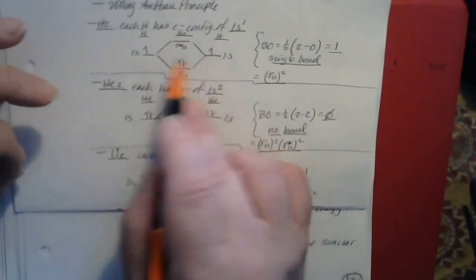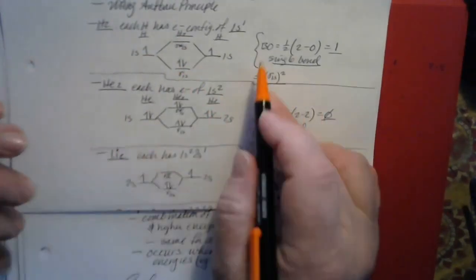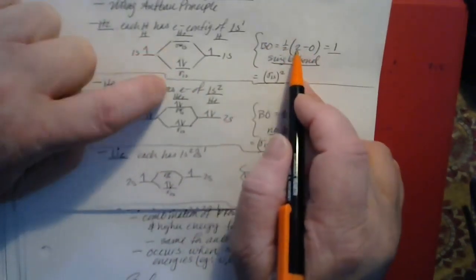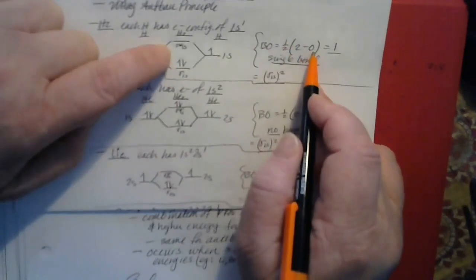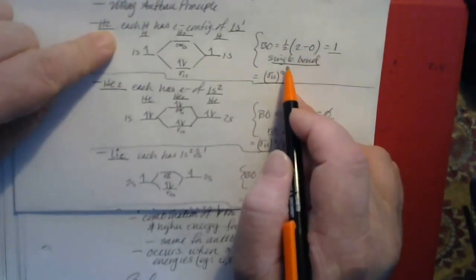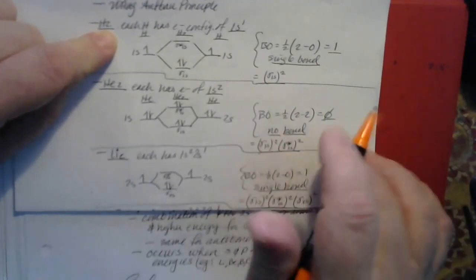And if you've got two electrons to deal with, then they both go into the bonding molecular orbital. Your bond order would be 1/2 the number of bonding electrons minus anti-bonding electrons. So that's 1/2 of 2 minus 0, which is 1, which means the H2 molecule does exist and it has a single bond, which we know. That confirms something that we already know, so that's good.